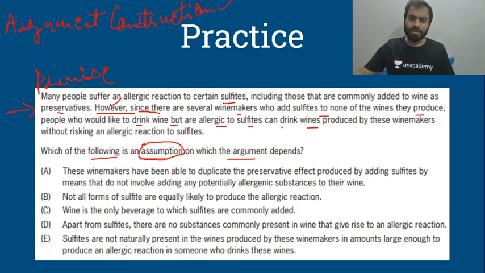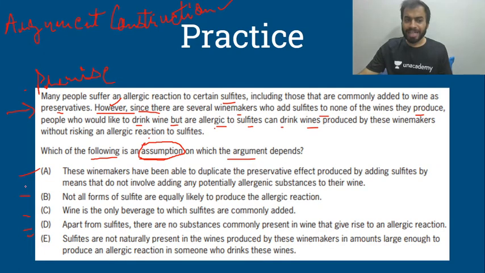Right, if you remember, whenever we do assumption questions, I always explain that whenever we're dealing with assumption questions, negate all the options one by one. Understand what the premise is, understand what the conclusion is, and then negate every option.